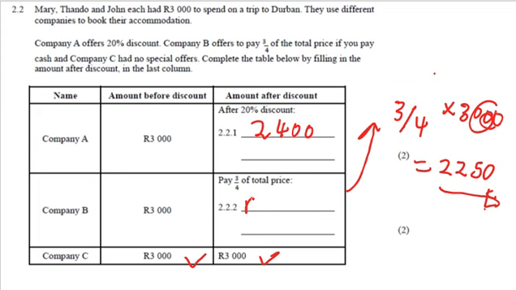That means they'll just pay 2,250. Remember, this was not a discount; it's what they will pay from the total. So who paid cheaper? Company B is a good option because it is cheaper than company A. Company A is 2,400, and company B is 2,250. So I will choose company B, if the conditions are fine also.